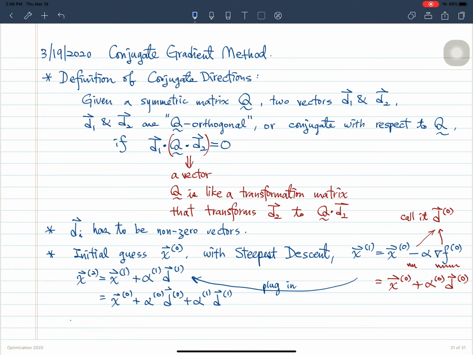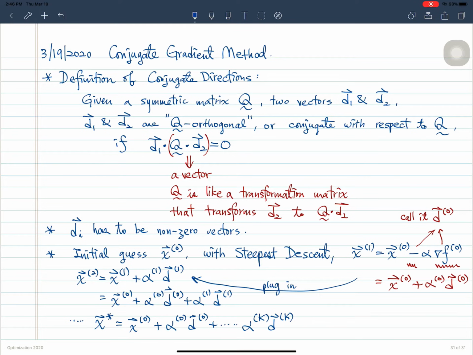So in fact, when we have our solution X star, it's a summation: X0 plus alpha 0 D0, and so on, until I converge at some capital K, alpha K DK.